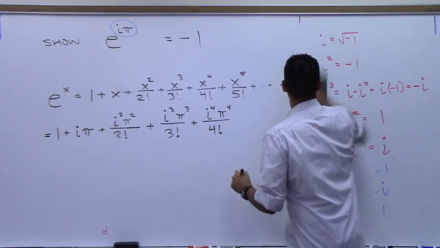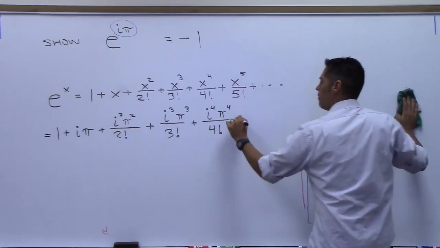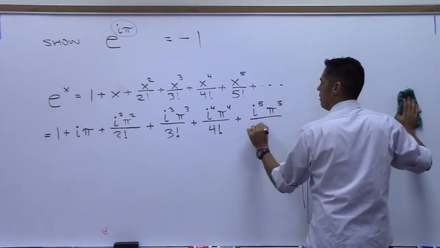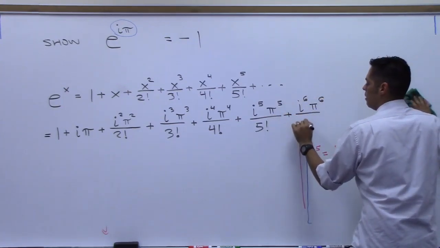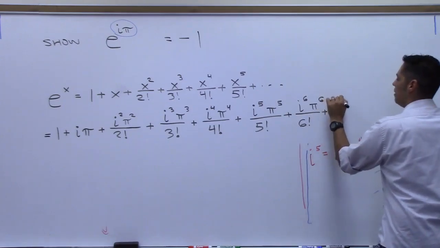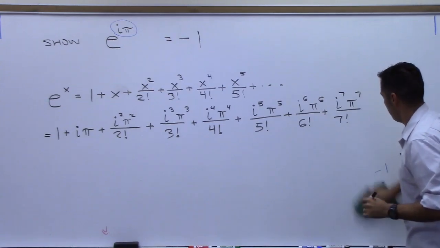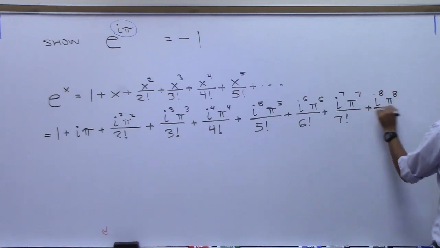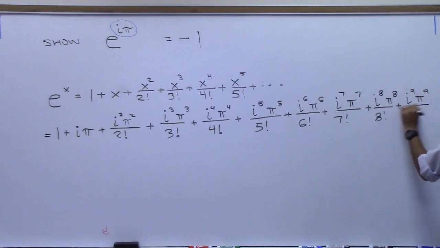I'm about to refer to this red table here in a second, though. i to the 5th, pi to the 5th, 5 factorial. i to the 6th, pi to the 6th, 6 factorial. i to the 7th, pi to the 7th, 7 factorial. i to the 8th, pi to the 8th, 8 factorial. i to the 9th, pi to the 9th, 9 factorial plus dot, dot, dot.